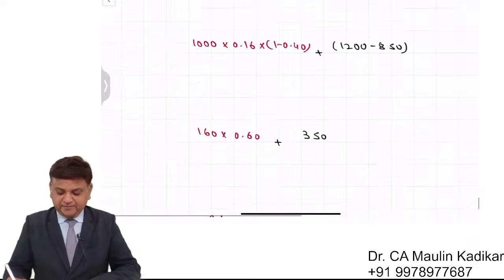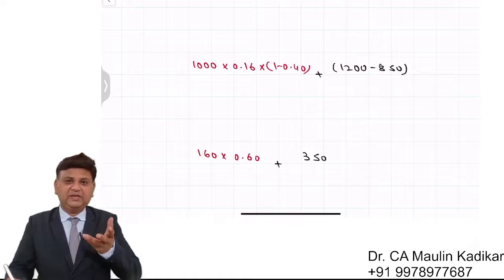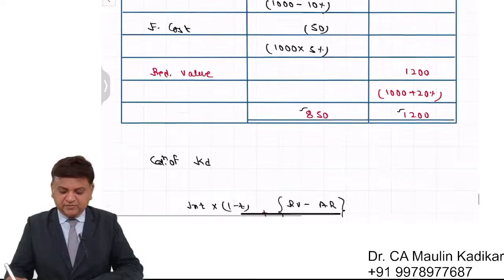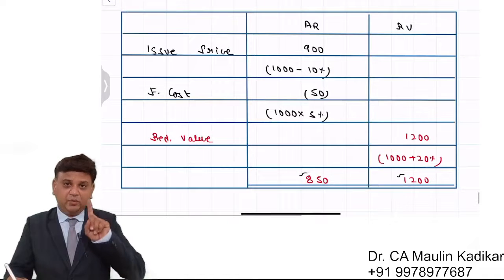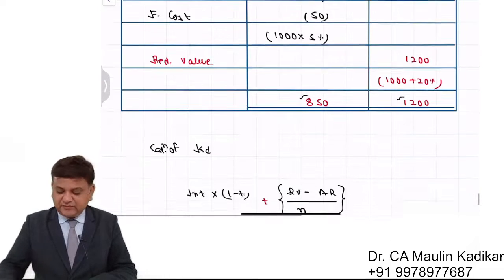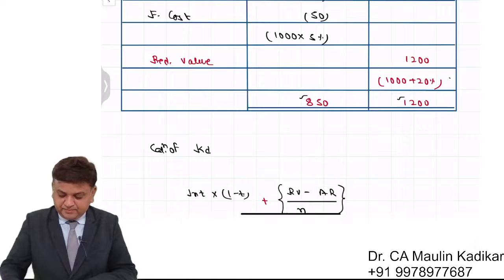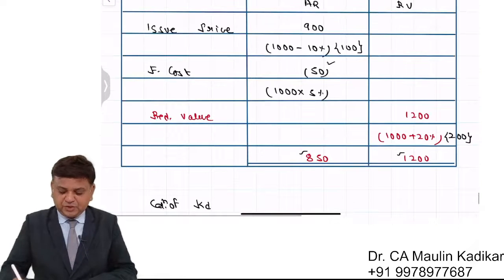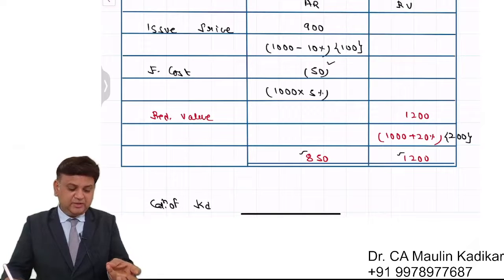So that is a cost of rupees 350 that we are incurring. We can very well understand this cost of rupees 350 is consisting of, one, the discount of rupees 100. It is consisting of the premium of rupees 200. It is consisting of the flotation cost of 50. So 100 plus 50, 150 plus 200, that is 350.